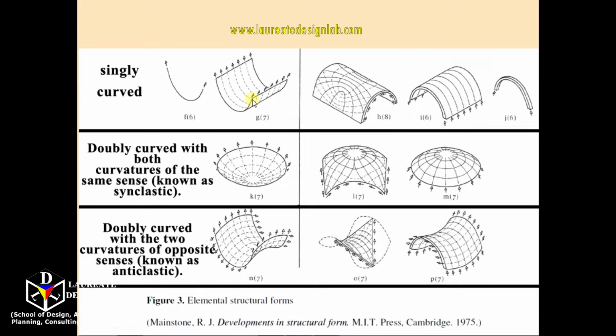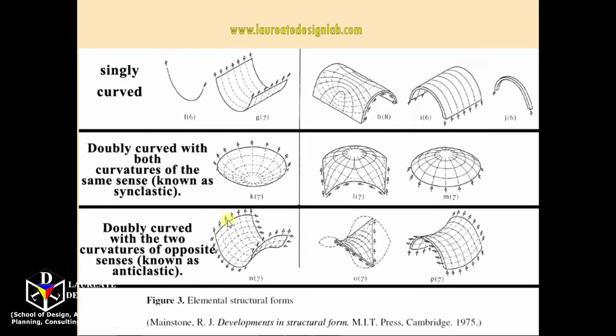There's another type which is called doubly curved with both curvatures of the same sense, known as synclastic. So this is the example of synclastic, wherein this curvature is throughout and it's in double direction. Double direction means in all directions. It can be repeated many times at whatever angle you want.